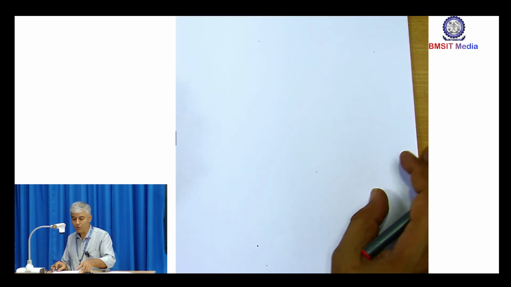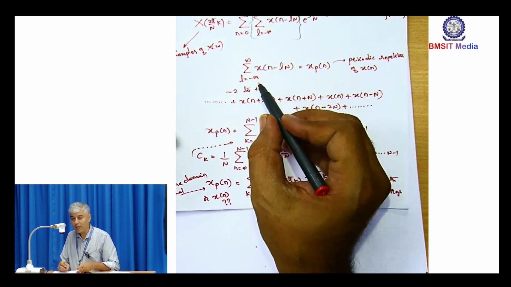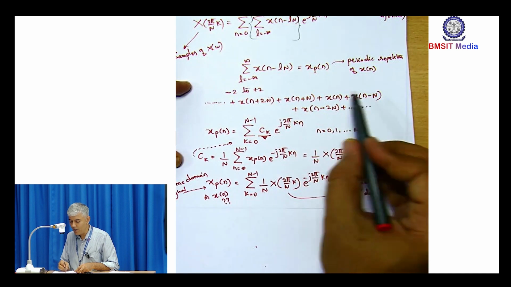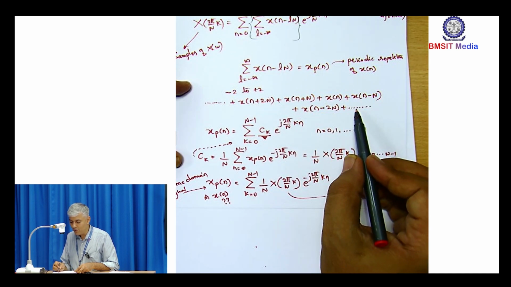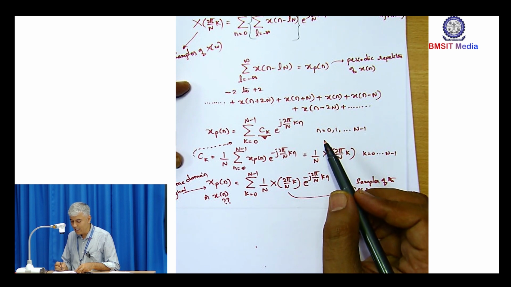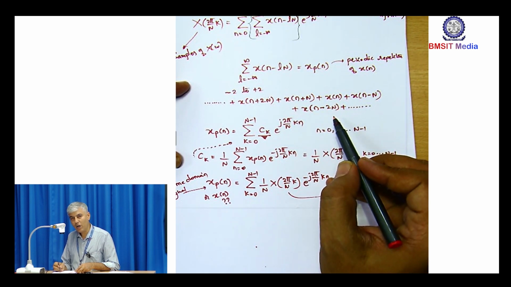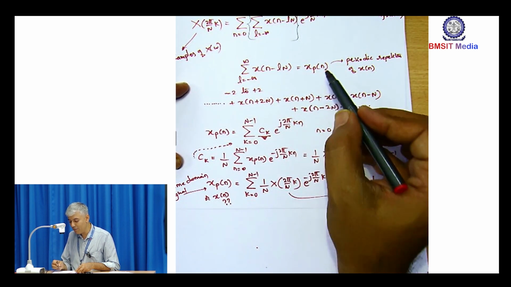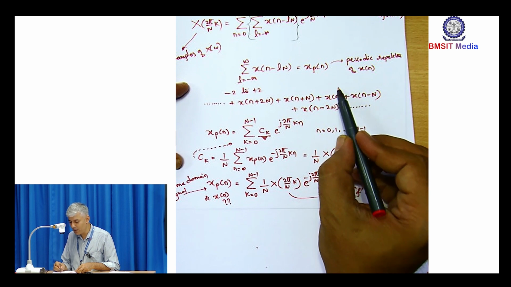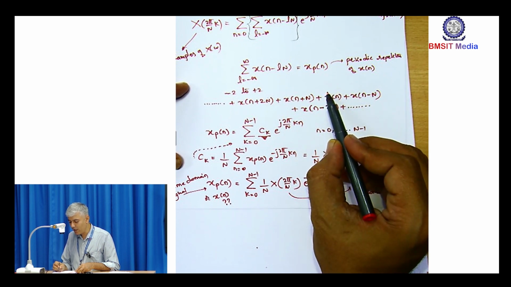I have shown you that xp of n is a periodic repetition of x of n. So if xp of n is given, is it possible to obtain only x of n? Yes, it is perfectly possible, because x of n is over here.